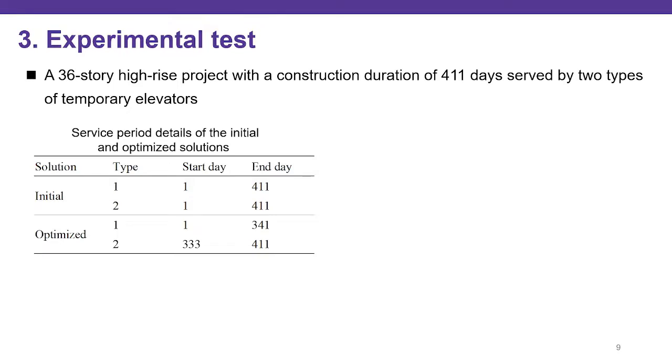In the initial solution, temporary elevator 1 with type 1 and temporary elevator 2 with type 2 serve all days, while in the optimized solution, temporary elevator 1 with type 1 serves days 1 to 341, and temporary elevator 2 with type 2 serves days 333 to 411.